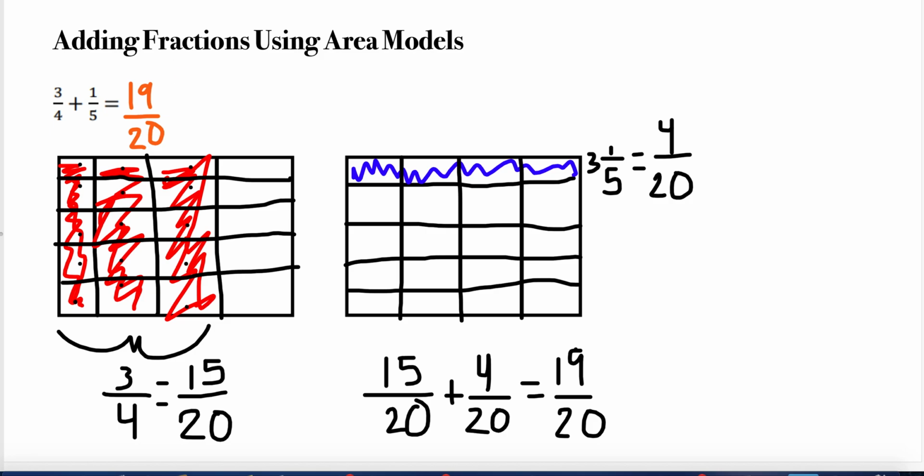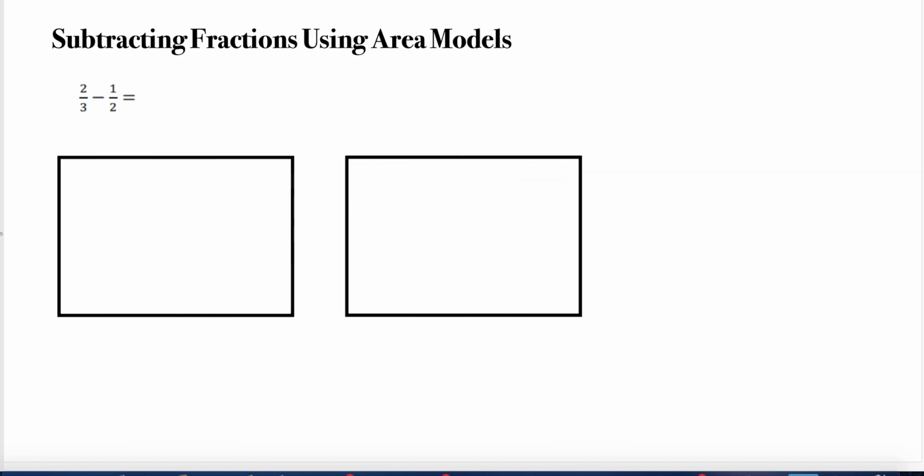All right, moving on to subtracting fractions using area models. I'm going to use the same strategy. I want to do 2/3 minus 1/2. On my first model, I'm going to use vertical lines to make thirds.